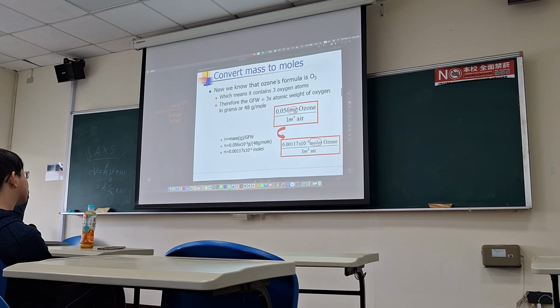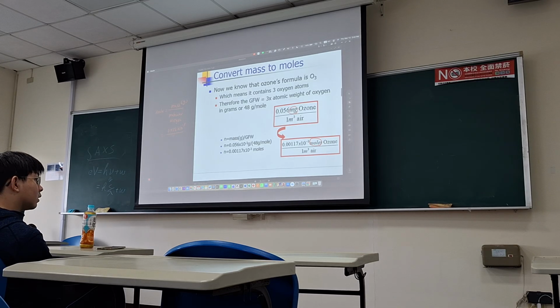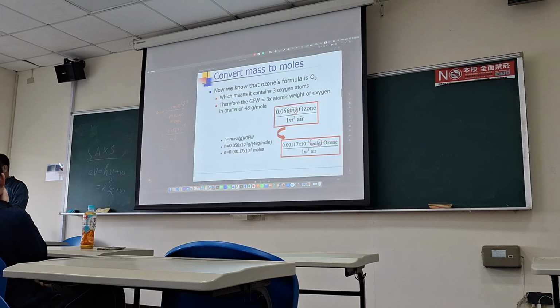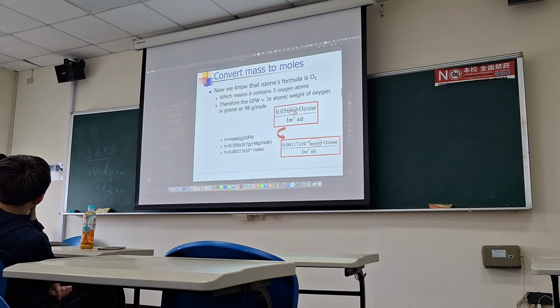So we got 0.056 times 10 to the power minus 3, divided by 48. Then we got 1.17 times 10 to the power minus 6.